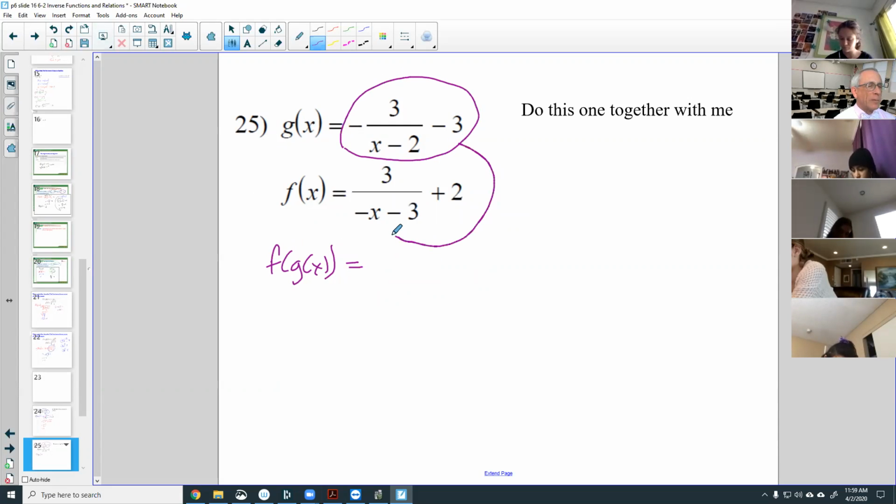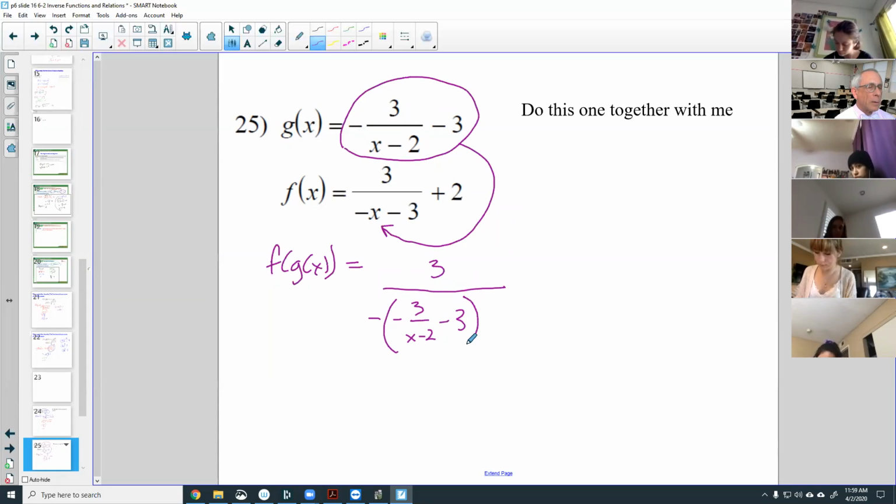So I'm going to substitute that in right there for x. So I'm going to have 3 divided by negative, and I'm going to use a parentheses here. So negative, negative 3 over x minus 2 minus 3, then minus 3 again, and then the whole thing plus 2.